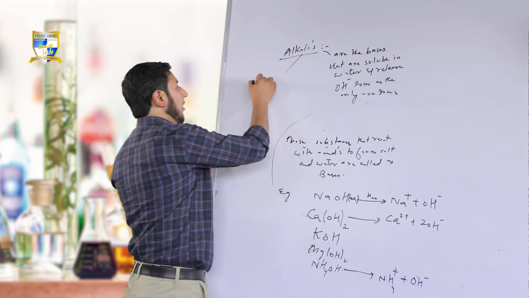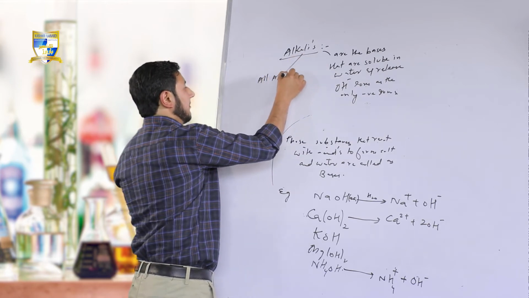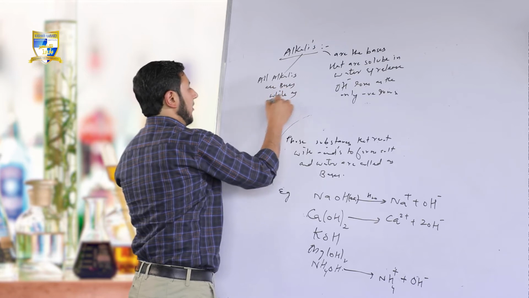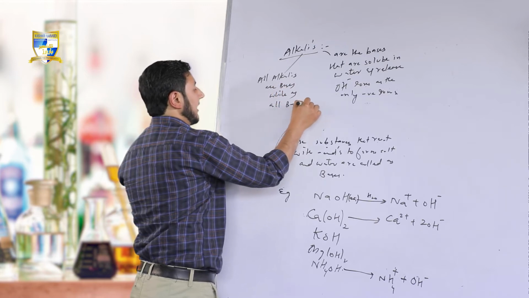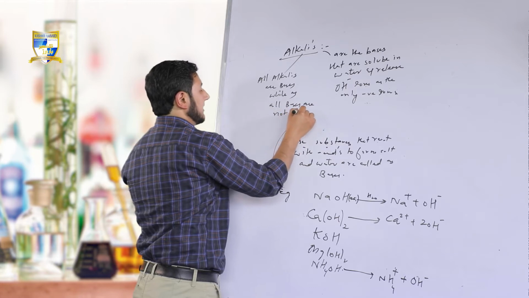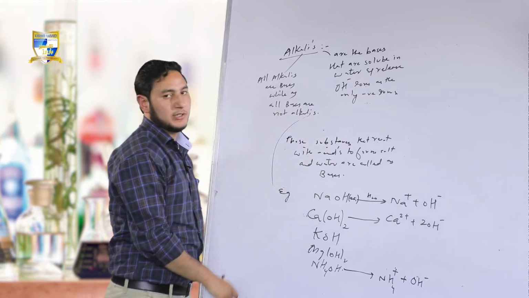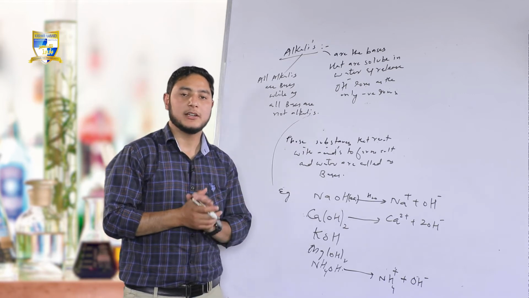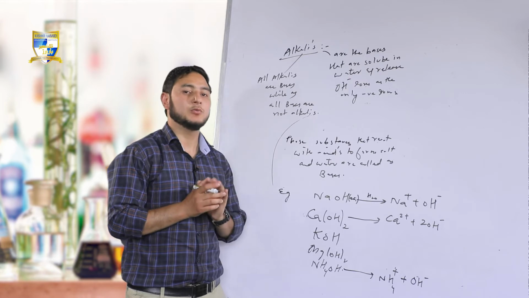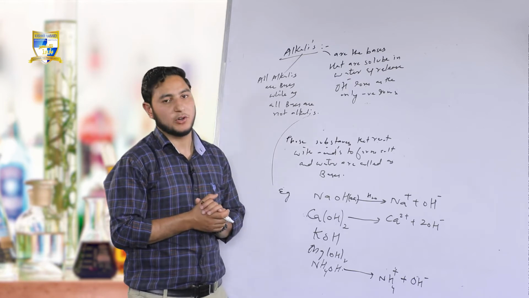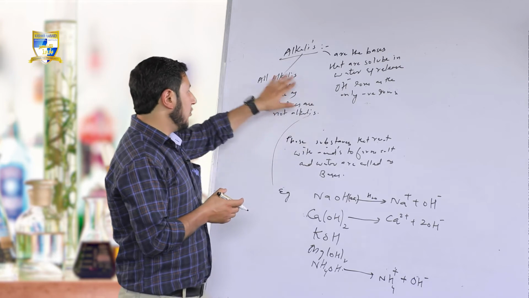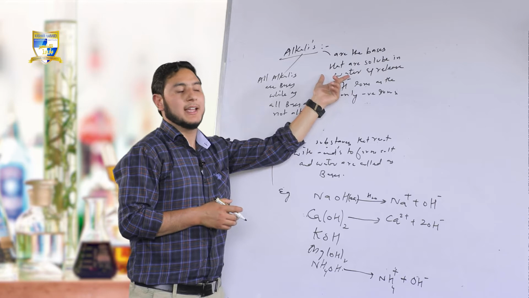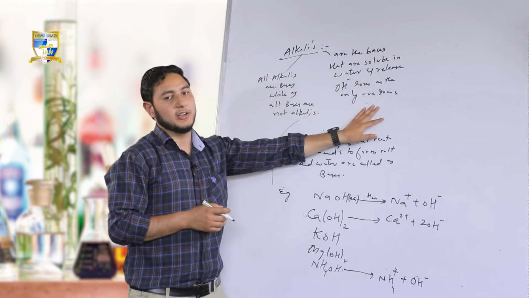Yes, one more thing, all alkalis are bases, while all bases are not alkalis. By saying this statement, we actually mean that all the bases do not dissolve in water and they do not form OH negative ions as the only negative ions. Fine. So all alkalis are actually bases because they are soluble in water and they release OH negative ions as the only negative ions.